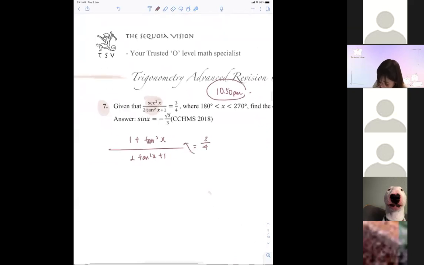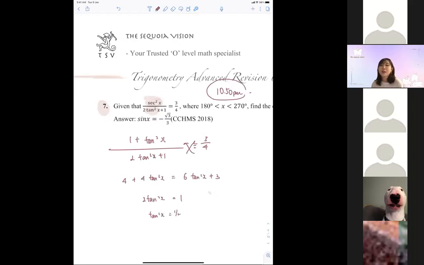Cross multiply, you get 4 plus 4 tangent square x equals 6 tangent square x plus 3. Make tangent square x the subject. So 2 tangent square x equals 1. Tangent square x equals 1 over 2.